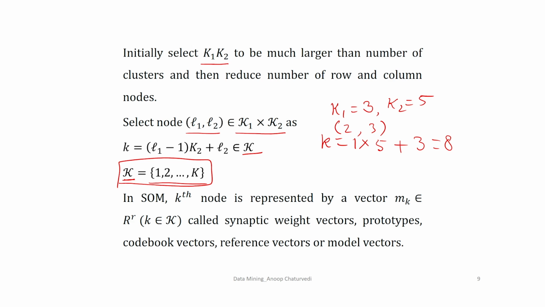Then in SOM, the kth node is represented by a vector, say mk, belonging to R^R. And this vector mk is called the synaptic weight vector. So, these vectors mk for all k are called the synaptic weight vectors, or these are also called prototypes.